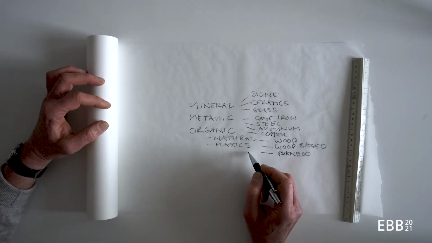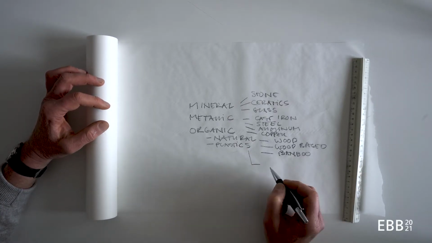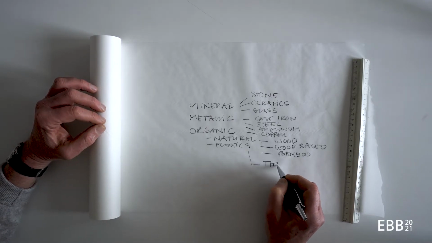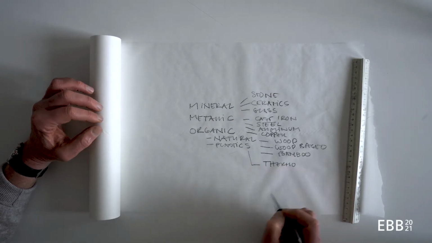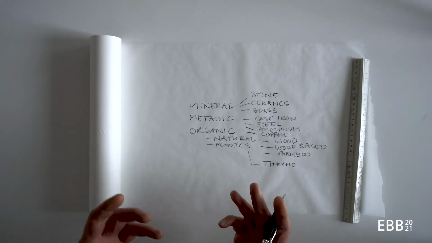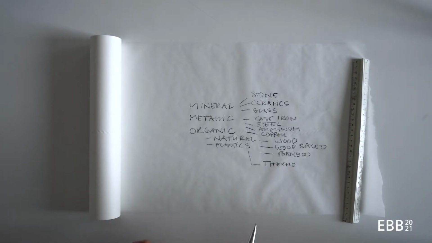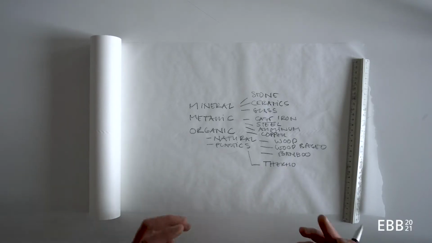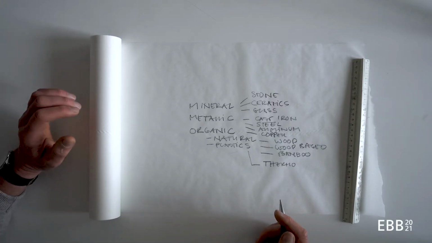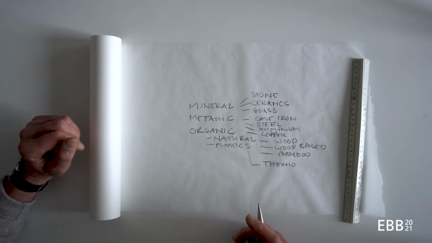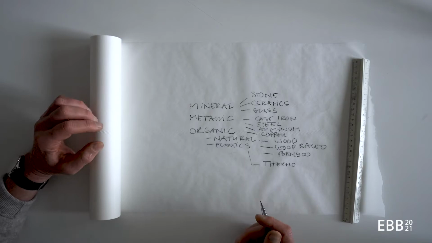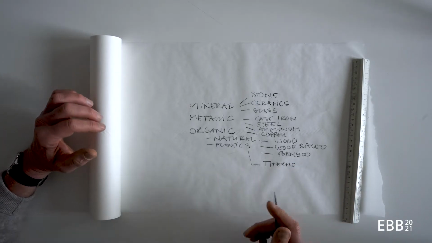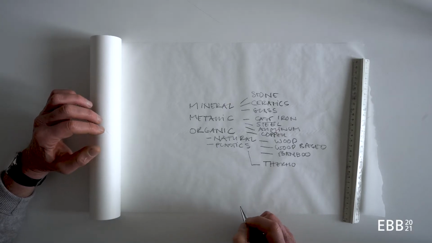In the plastic sector, we have 3 main categories. One would be thermoplastic. This means that when you heat them, they become malleable, and if they go back to the basic temperature, then they harden. This is used in many products, like for example Tupperware. So those might be thermoplastic.